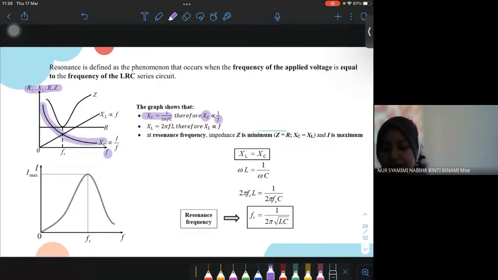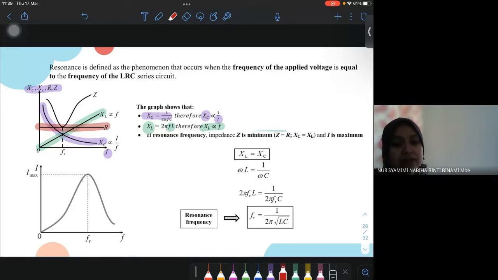Okay. Dan kita ada XL. XL dia directly proportional dengan frequency. So kalau kita lukis graph of XL against frequency kita akan dapat a straight line graph. Okay. Dan R, dia sentiasa sama dengan frekuensi constant. So disebabkan itu R, graph ni ialah lurus sahaja. Okay, this graph is very important.